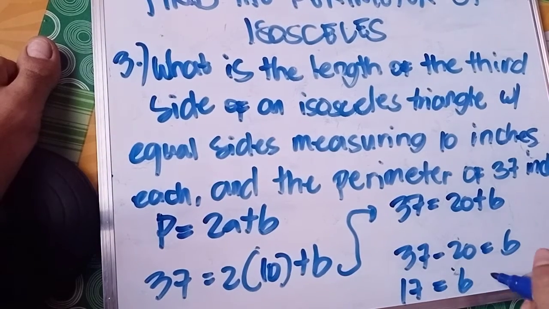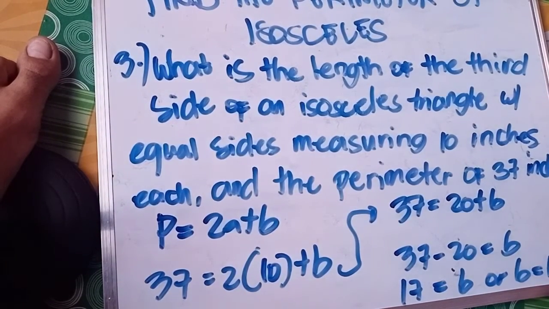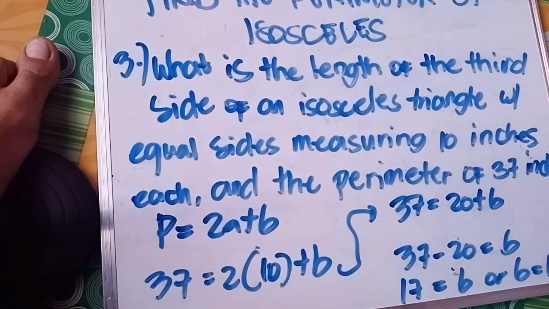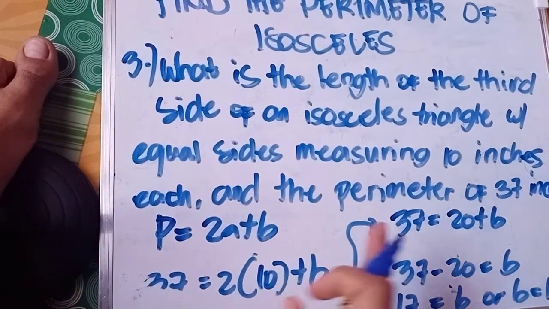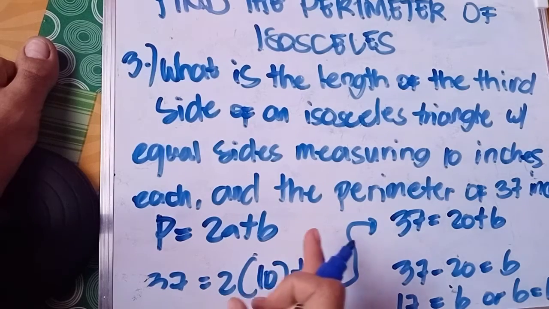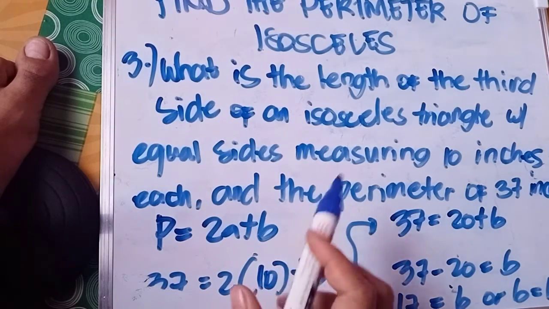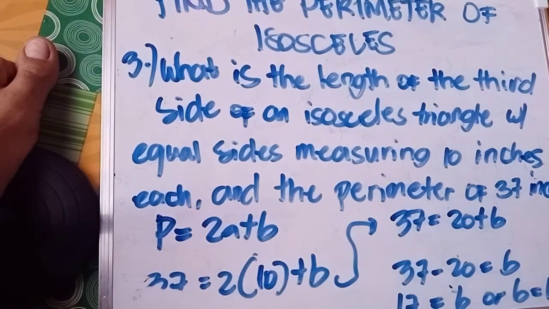B is 17 inches. Therefore, the third side of the isosceles triangle is 17 inches.